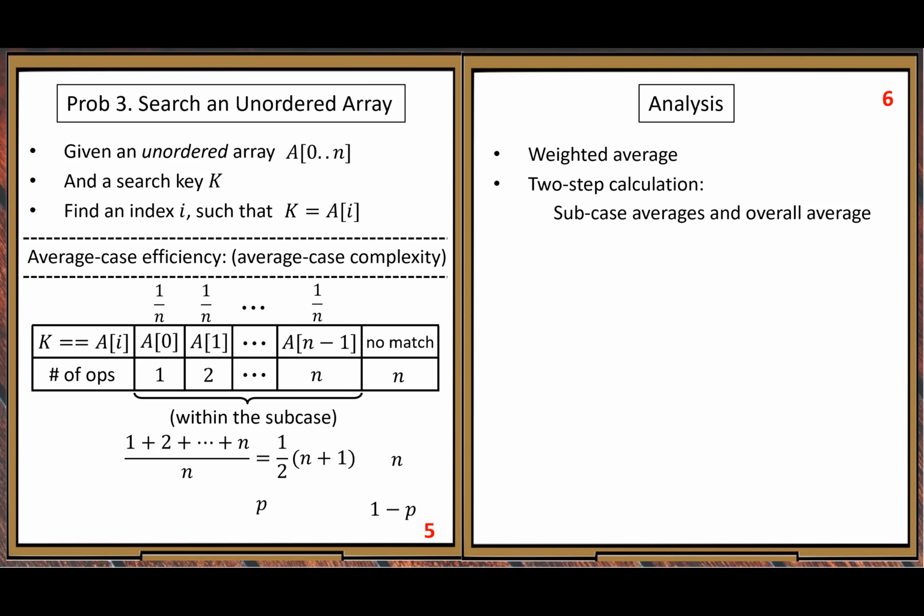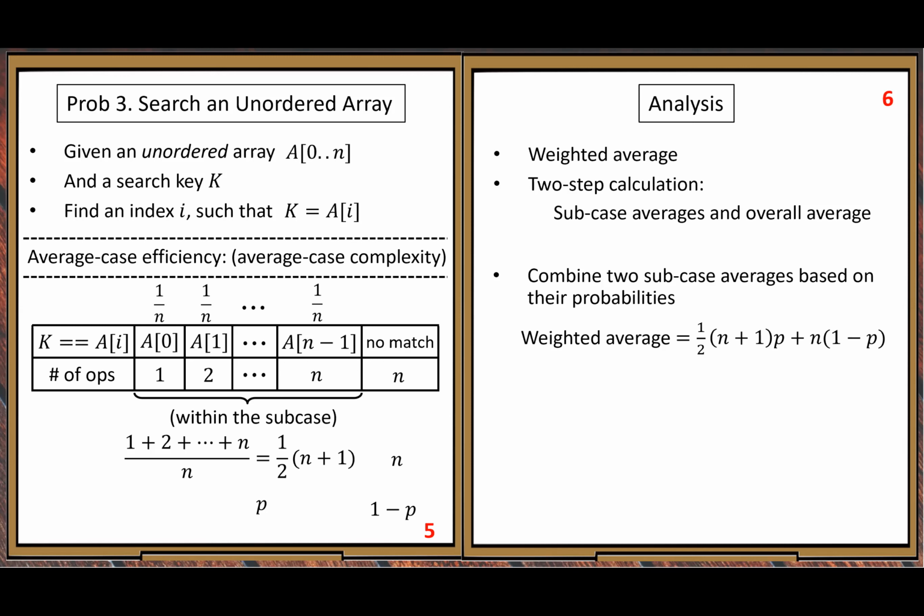Weighted average. So let us write the formula. Combine two subcase averages based on their probabilities as the weights. The number of comparisons for the first subcase, multiply its probability as the weight.